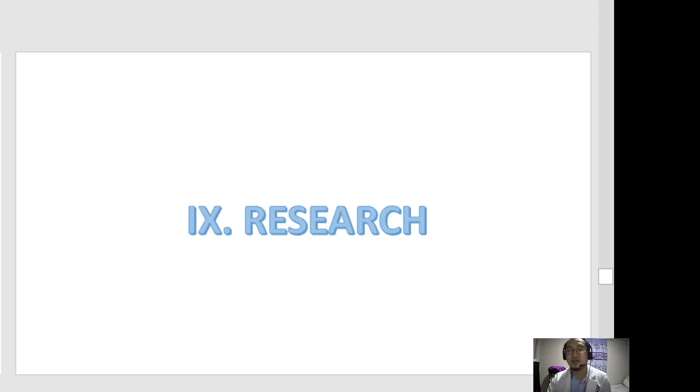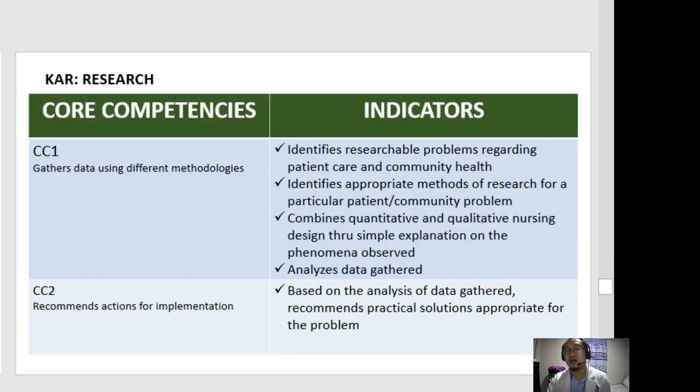So what are the competencies under this research key area? Number one is to gather data using different methodologies. I know you're aware of the methodologies in research, and any of those can be employed in your study, depending on the objectives. I know that it has many factors. What methodology are you going to use in your study?